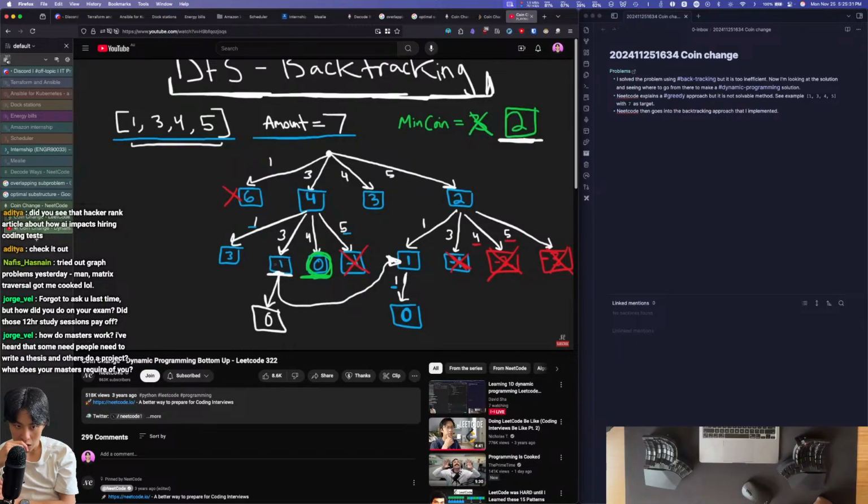We know it takes 1 coin for us to go from 1 to 0, for sure. And what about this 3? Okay, well, we can do the same thing, right? 1, 3, 4, 5. And I'll just tell you, from here, we're not going to find the optimal solution. Going from 4 to 3 and more, that's going to obviously be more than the current minimum of coins that we have, which is 2 right now. So this is not going to lead us to the correct solution.